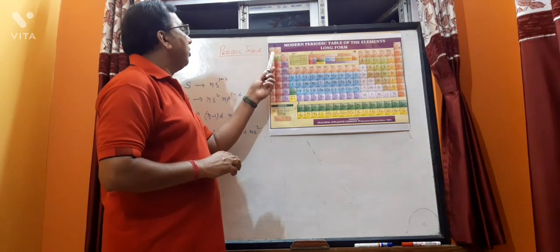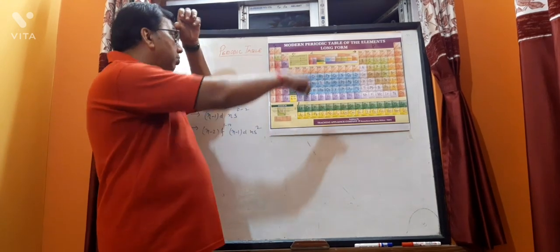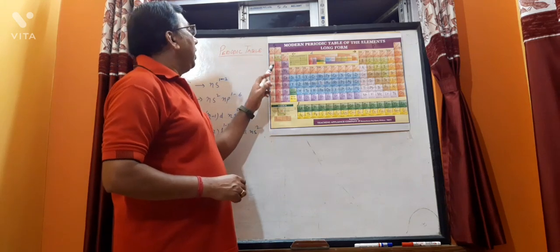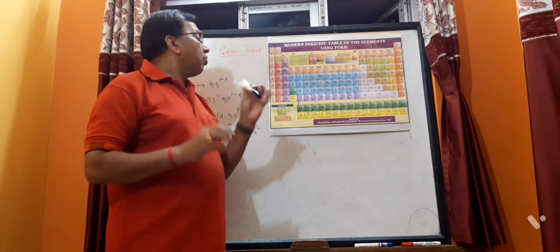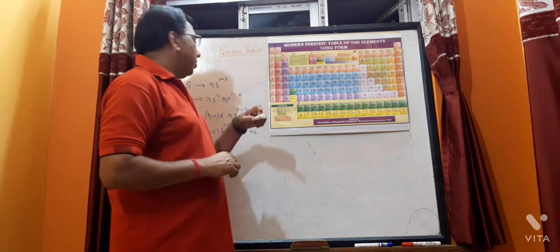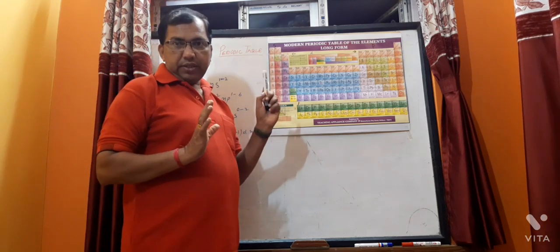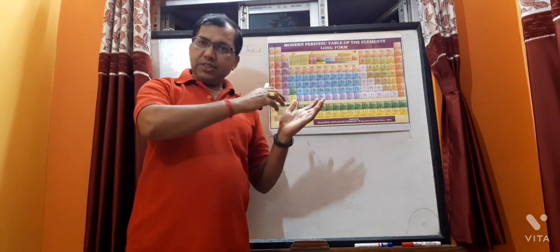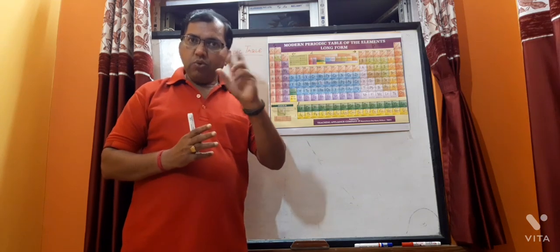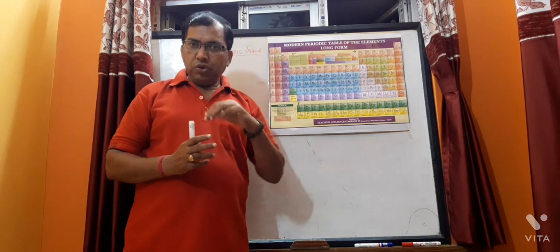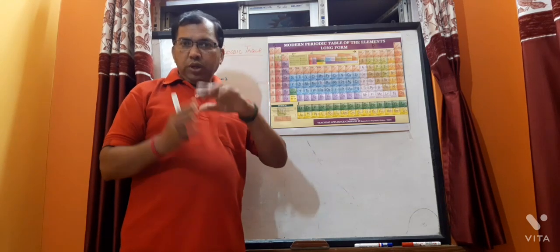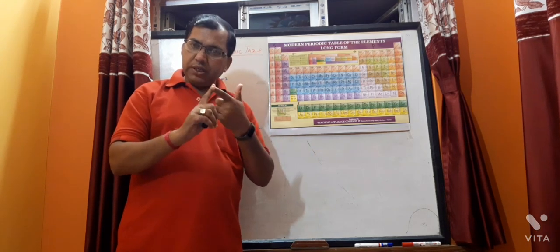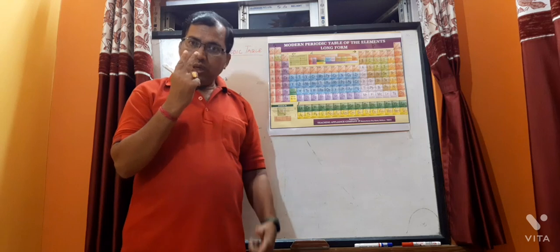If you notice in this periodic table, in your book or this chart, you will see that in each element the last electron goes to the s orbital, the s subshell. As I discussed in yesterday's class, the s subshell has only one orbital and can have a maximum of 2 electrons.